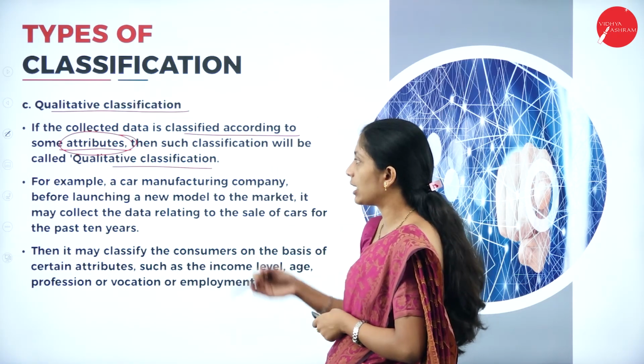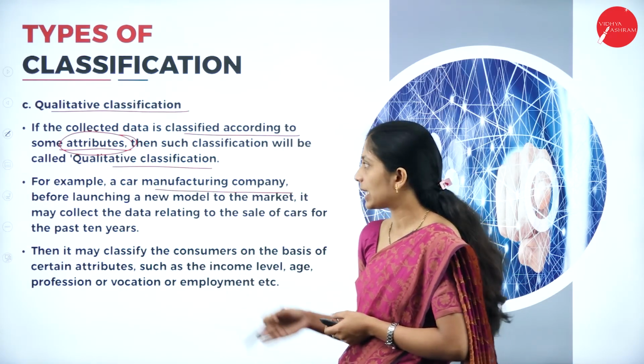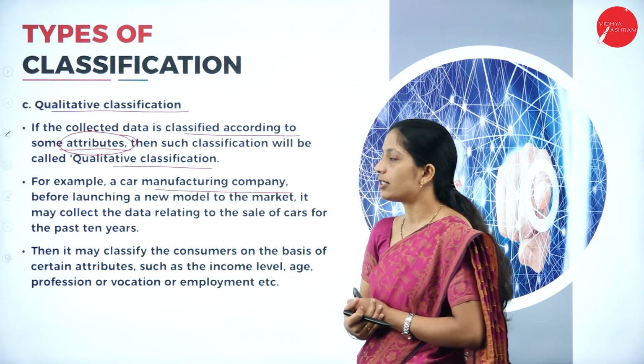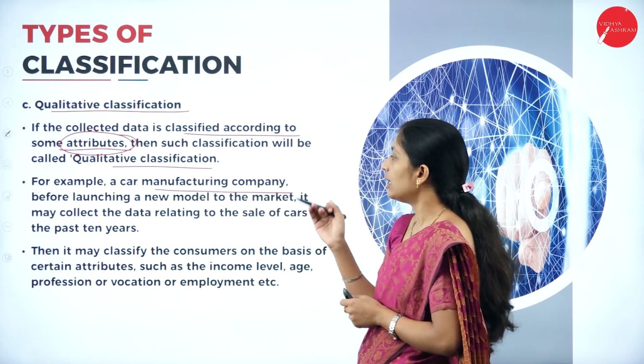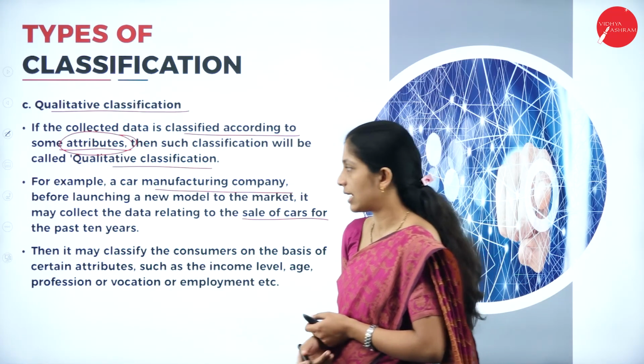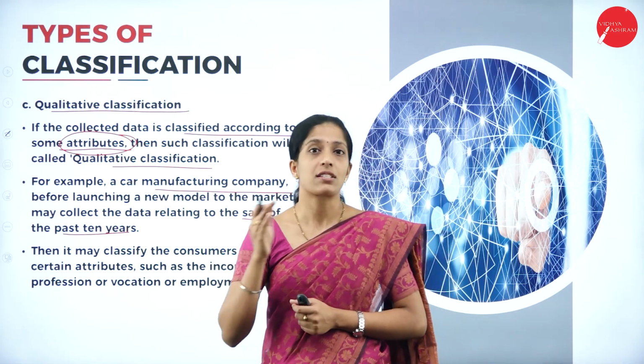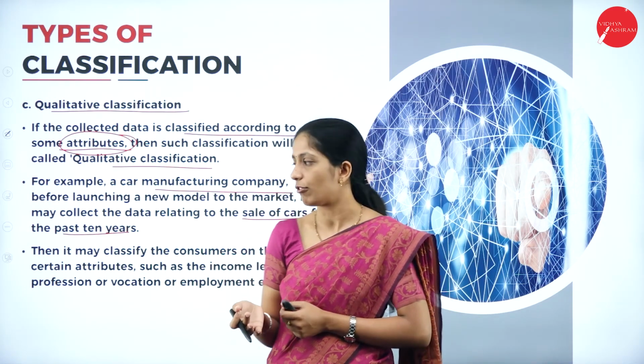Qualitative classification. For example, a car manufacturing company, before launching a new model to the market, may collect the data relating to the sale of cars for the past 10 years. So here they are going to take into consideration the past 10 years and collect the information.